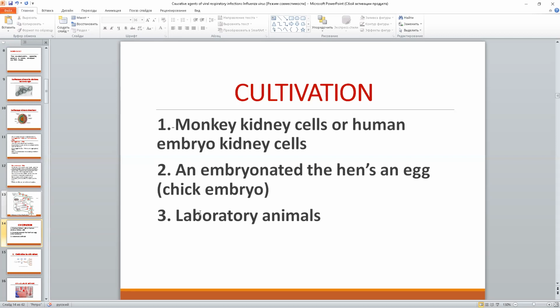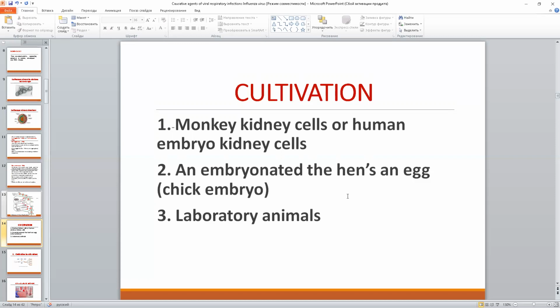And laboratory animals, the third method. For every virus, the proper cultivation method should be determined. It doesn't mean that any method is used for cultivation of any virus. For example, hepatitis viruses are able to reproduce only in very special cell culture, like liver cancer cells, and it is possible to notice reproduction.